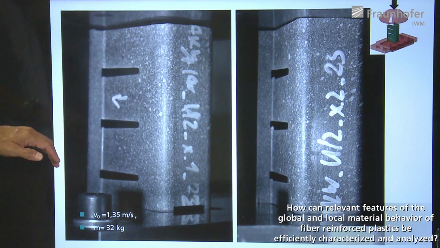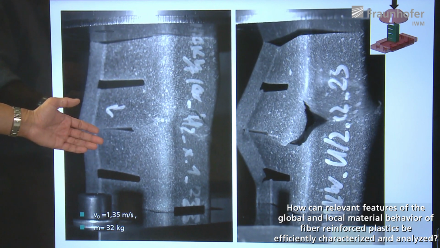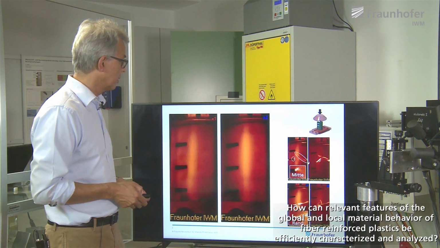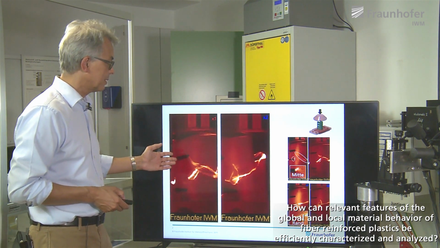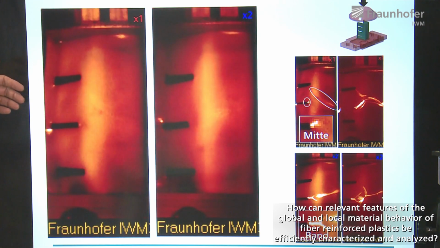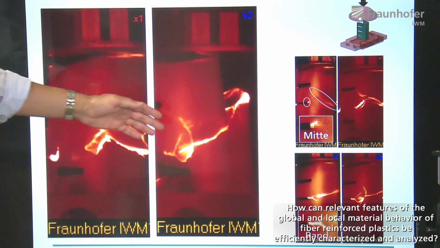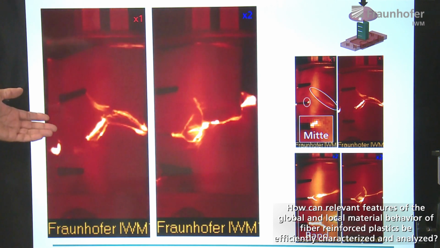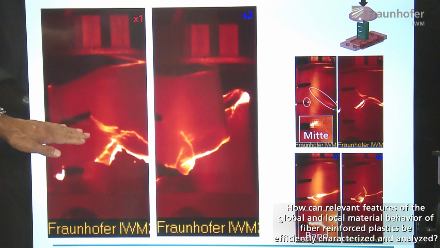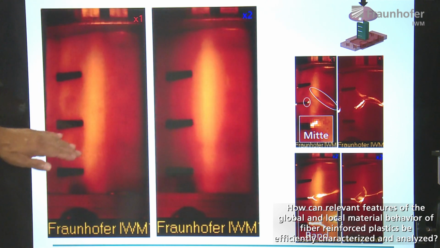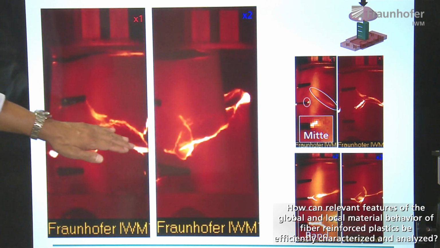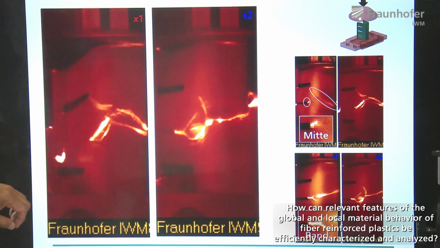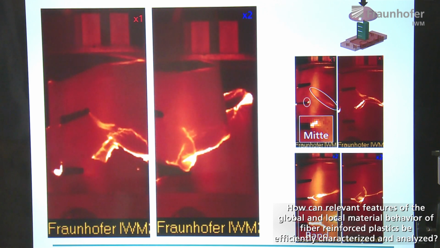So not only things that we see on the surface are interesting, also what is happening inside the material is of interest, and this can be seen here. We now see again two videos at the same time, and this time you see thermography analysis or measurements during the test, and they indicate, especially in these regions where the temperature rises, and this is done under high-speed conditions with a high-speed infrared system.